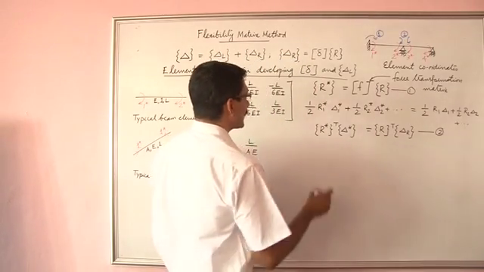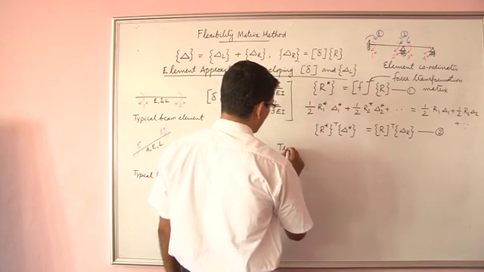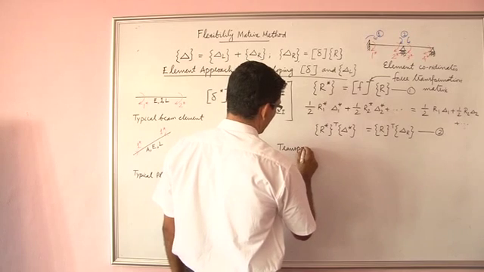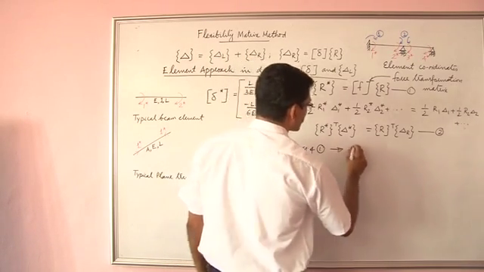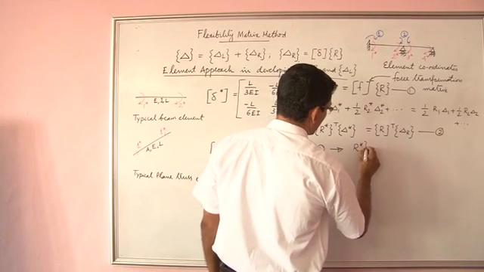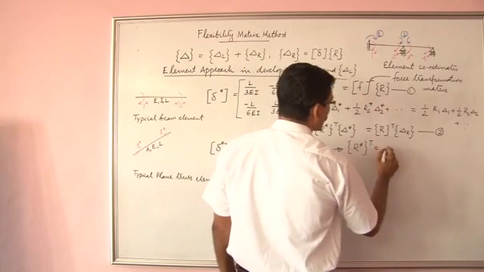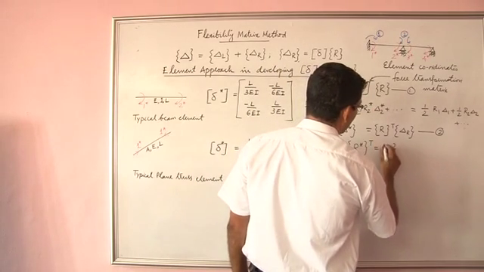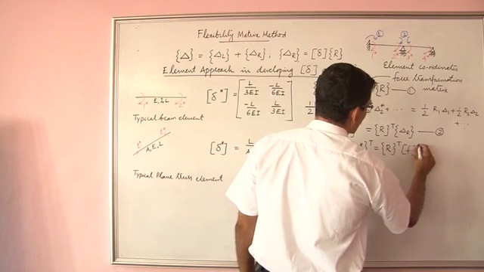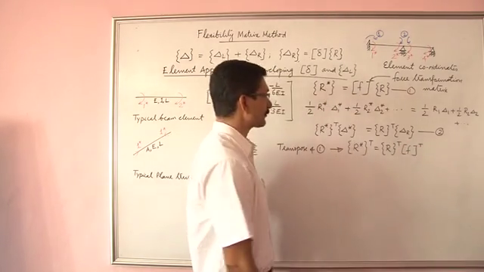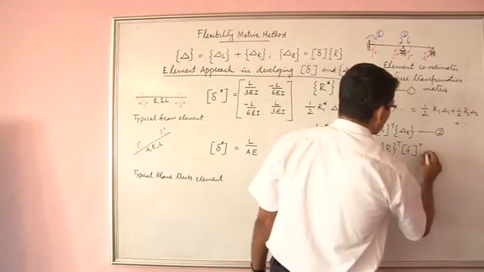Now, if we transpose this equation, we are going to get R star transpose is equal to R transpose F transpose, using the property of transpose of the product of two matrices. Let that be equation number 3.